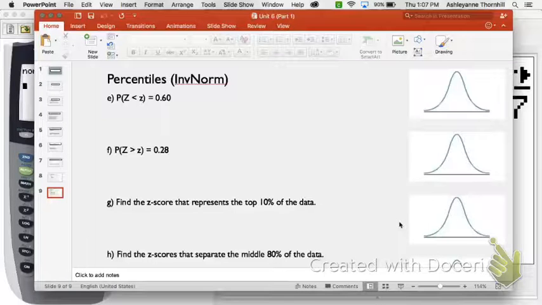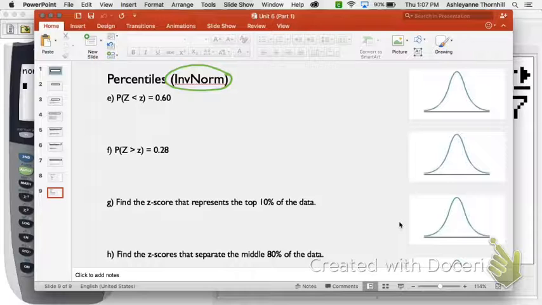The last part is going the opposite way to where it gives you the area under the curve and it's asking you to find the z-score. So this would be an example of where we use inverse norm in our calculator.